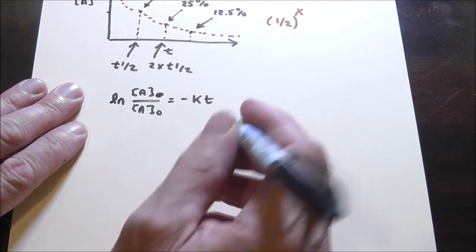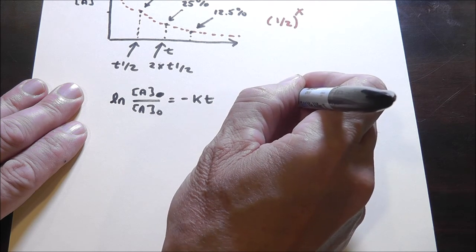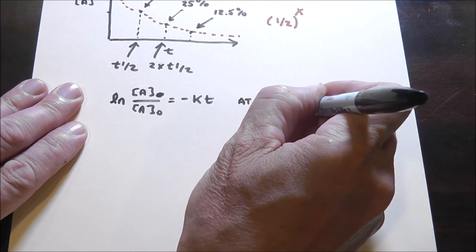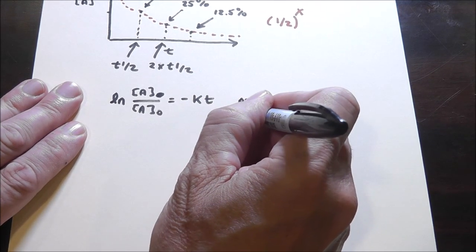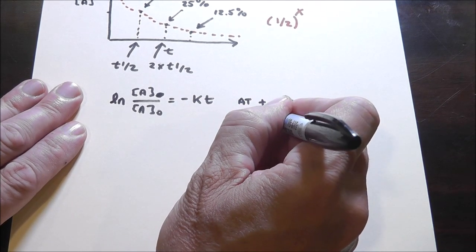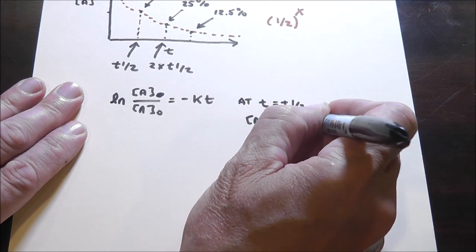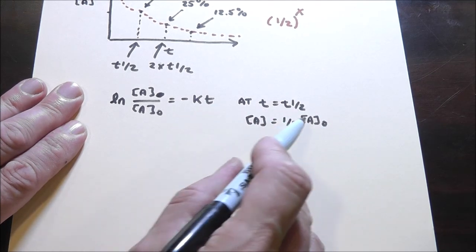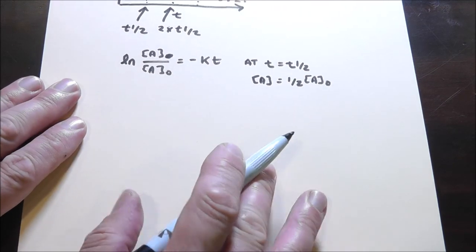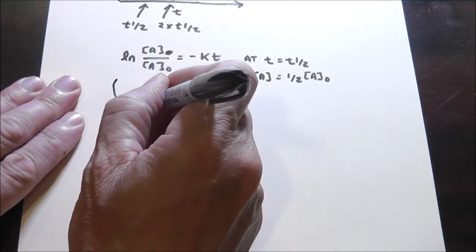All we're going to do is say that there's a condition at t equals T1/2. What's true there? Well, according to the definition of half-life, the concentration of A will be 1/2 initial. So let's plug in T1/2 for t. Let's plug in 1/2 A initial, and it gets really simple.